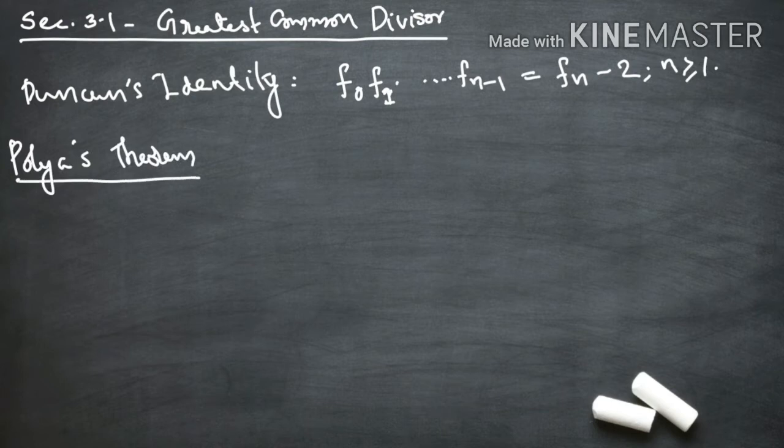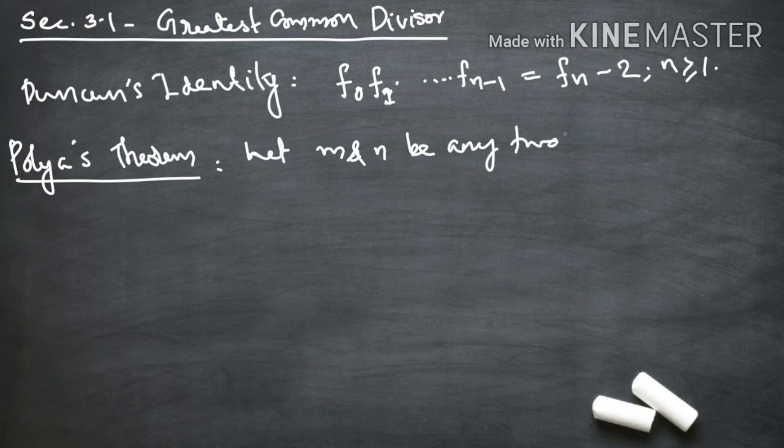This is an important property of Fermat numbers, which states that any two Fermat numbers are relatively prime. That is, let m and n be distinct non-negative integers, because we are starting with f0. So we are taking m and n to be any two non-negative integers.